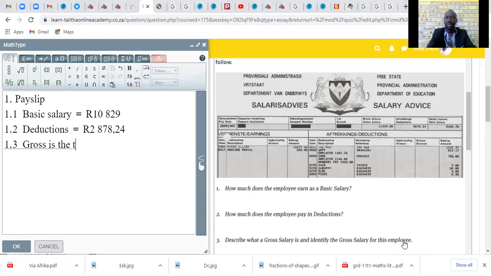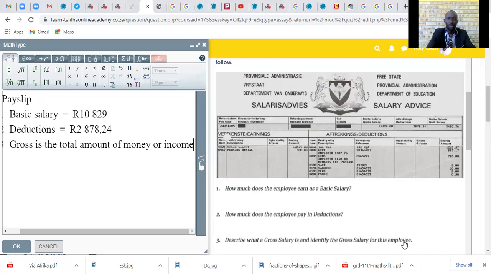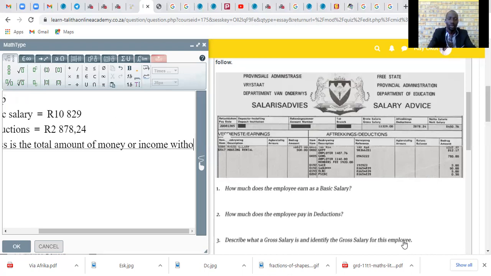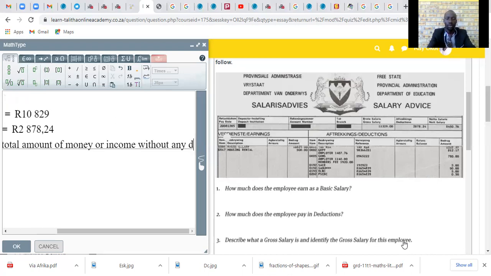The total amount of money, or income, that the employee receives without any deduction. Yes, this is what we call gross salary.